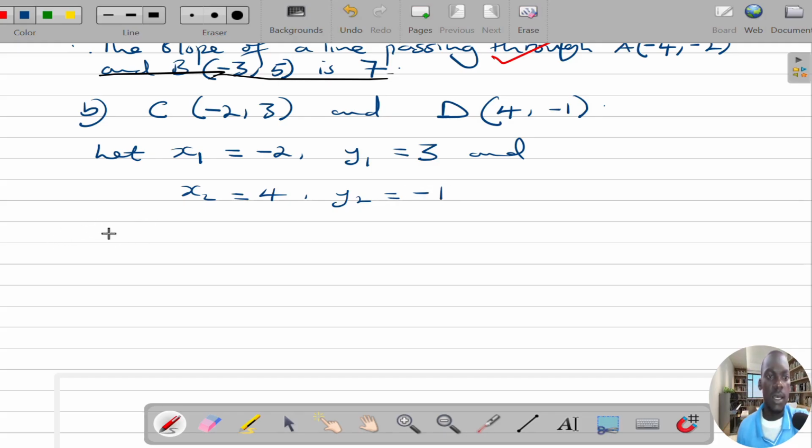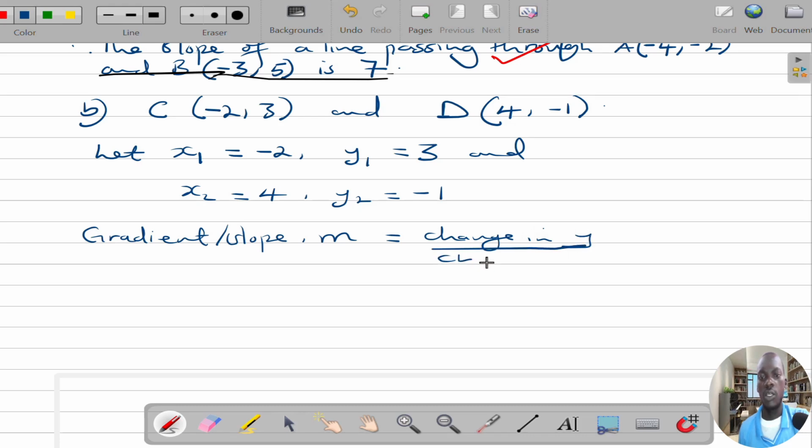Still, from the formula, gradient or slope m is equal to the change in y divided by change in x.